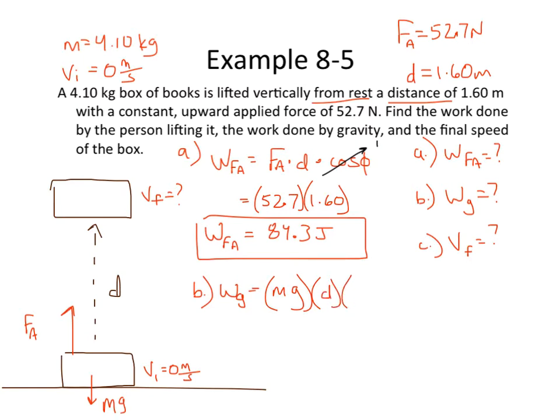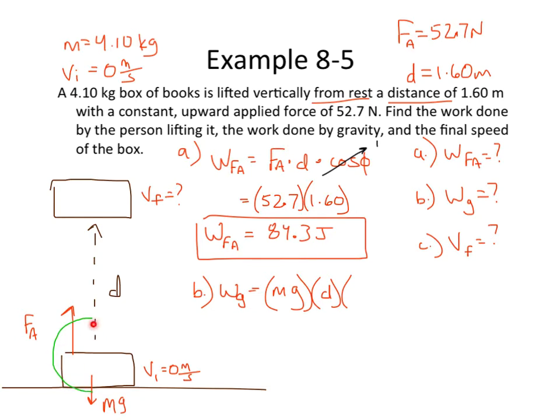But now this cosine of phi is going to be different, because previously our force was acting upwards and it was moving upwards, but now gravity is acting downwards and the object is moving upwards. So what is the angle between the direction of motion and the force applied by gravity? That green arc right there, that's 180 degrees.